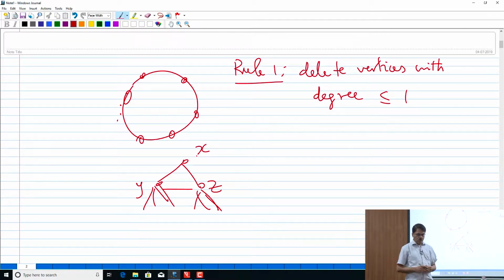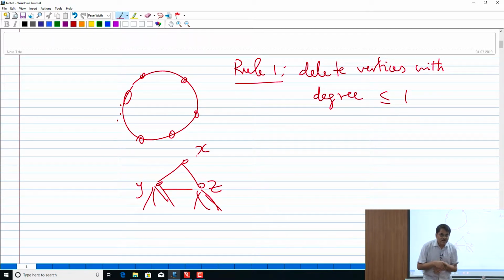They could be part of cycles, but notice that any cycle x is part of, y and z are also part of the same cycle, right, because x is degree 2. So x is not going to cover any more cycles than what y and z can cover. So, should I just delete x?